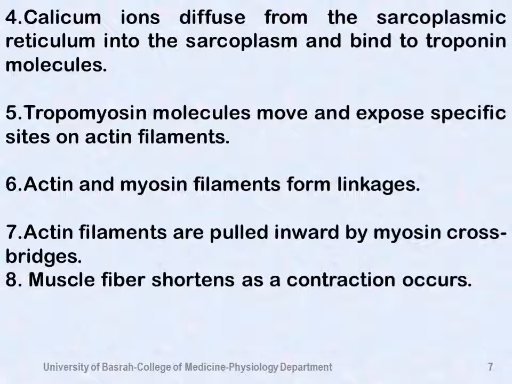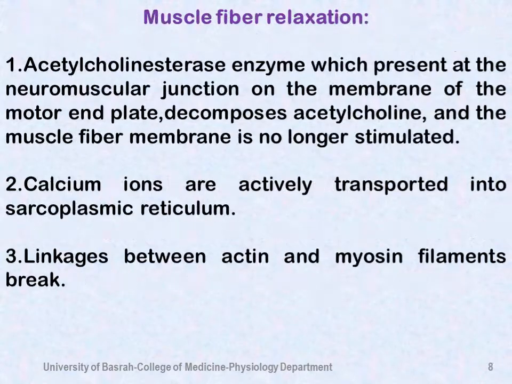The actin and myosin myofilaments form a linkage, and actin myofilaments are pulled inward by myosin cross bridges, and the muscle fiber shortens as a contraction occurs. Now, the muscle fiber relaxation.